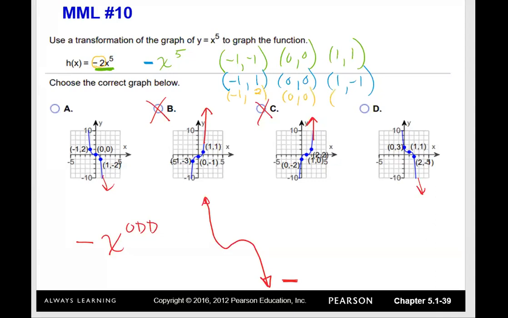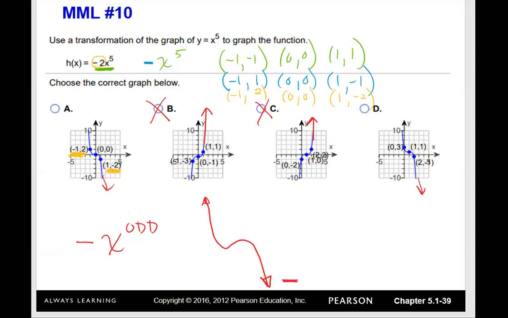And this will be 1 to the fifth, -2 now. And that's what they're showing here: -1, 2, and 1, -2. The 2 is going to stretch your graph so that it gets closer to the y-axis.